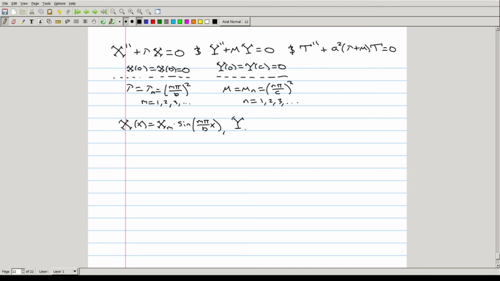And y n of y is going to be y n times sine of n pi over c times y. Maybe xm and ym aren't the best constants here. See that these constants out front are arbitrary, just like before. They get kind of redundant.